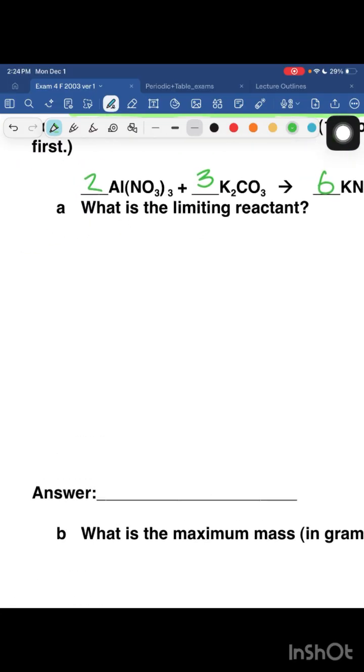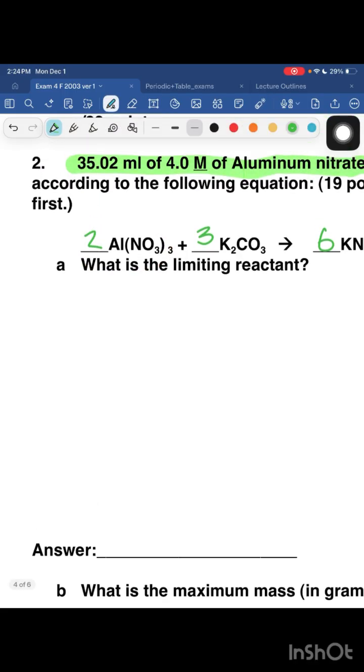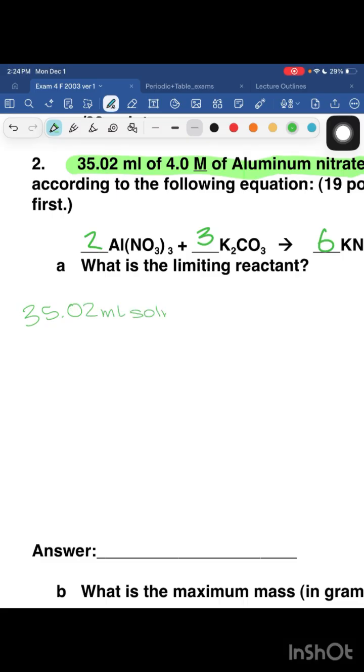So we'll start with aluminum nitrate. We have 35.02 milliliters of solution. We're going to multiply that. First, we need to get to liters because molarity is moles over liters.